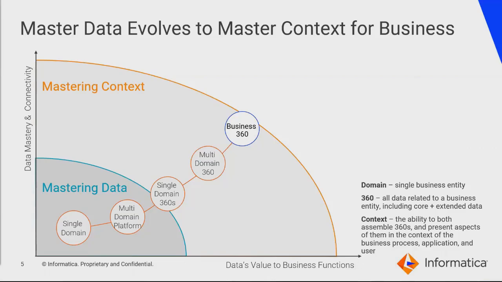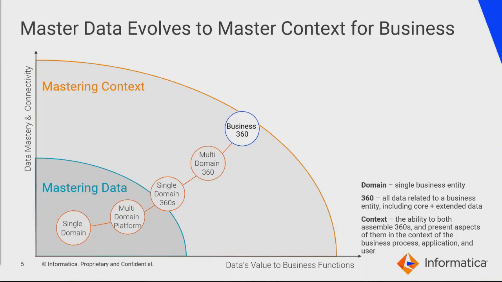Mastering data is creating trusted core critical data, while mastering context is about getting the rounded view by linking all data with master data. So, linking data as it becomes available and then aligning that data with the trusted single view helps provide data's value to your business functions.